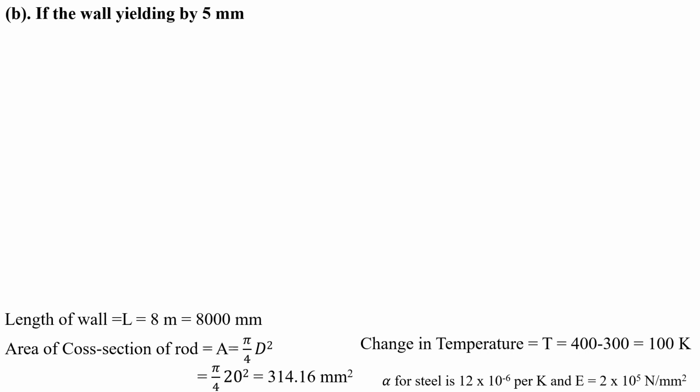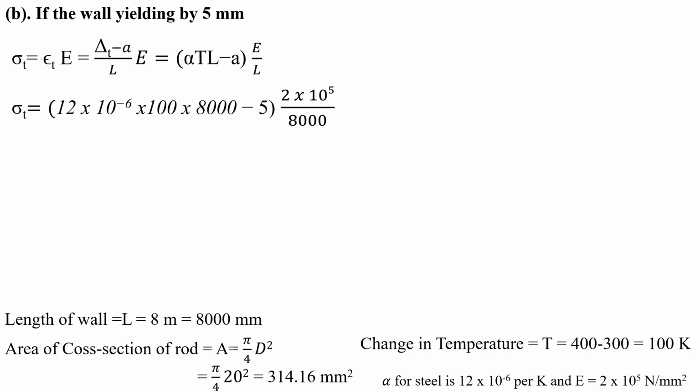Here the yielding value small a is given as 5 mm, and we know the formula for sigma T if the yielding is given: sigma T equals (alpha T L minus a) into E by L. In the data all the values of alpha, T, L, a and E are given. Substituting, the temperature stress sigma T equals 12 into 10 to the power of minus 6 into 100 into 8000 minus 5, into 2 into 10 to the power of 5, divided by 8000.